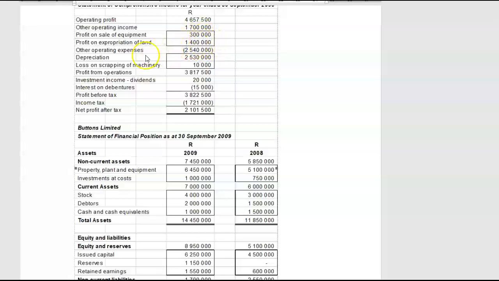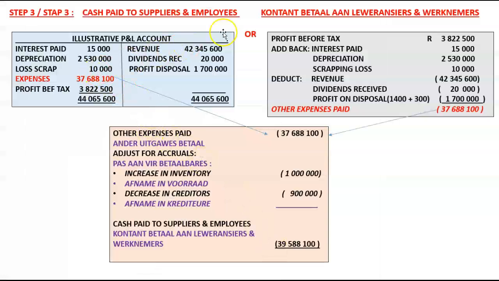We're going to use it as is. And we're going to use this loss on the scrapping of machinery as is. So we're going to add back depreciation, scrapping loss, and profit on the disposal, which is the expropriation as well as equipment. So those are those three items.